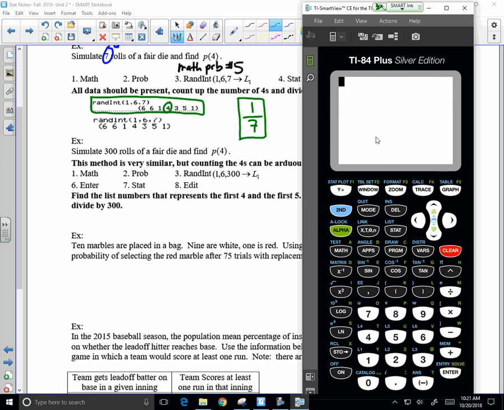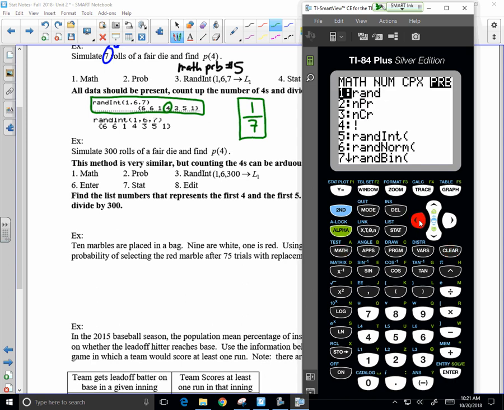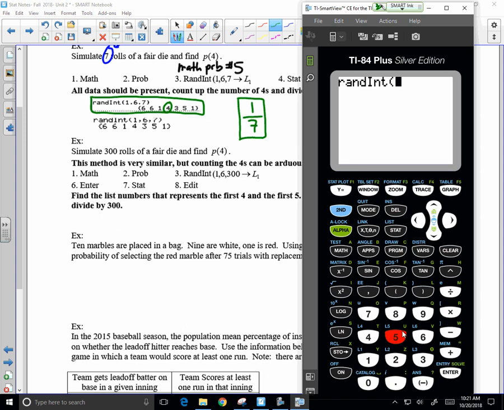This time I'll do it with the old 84 first. So math, probability, option 5, same deal. I'm going to type in all of this stuff here. All right, so 1, comma, 6, comma, 300.